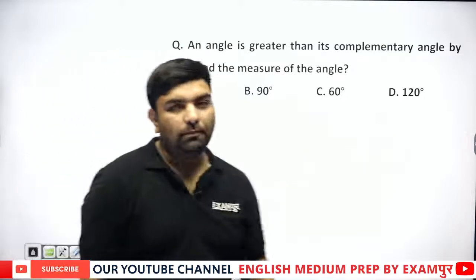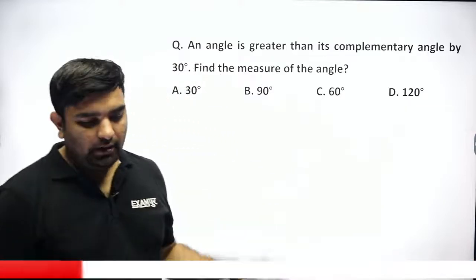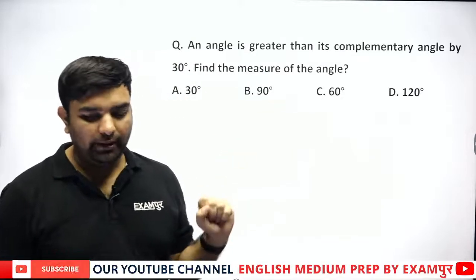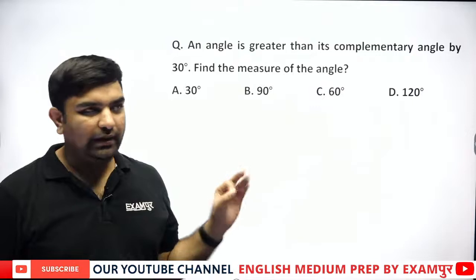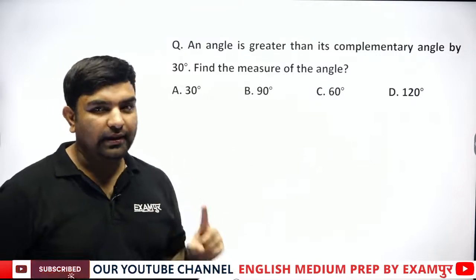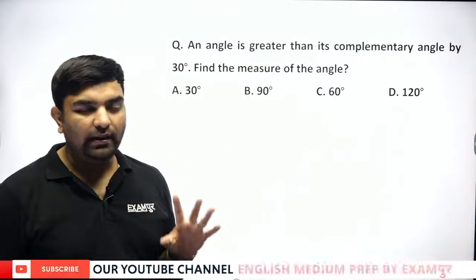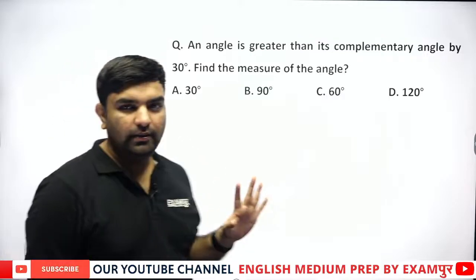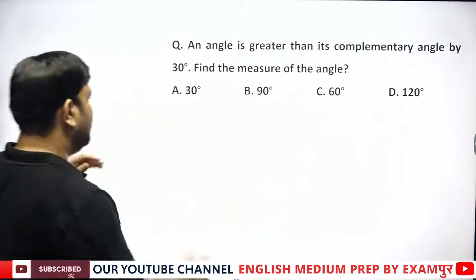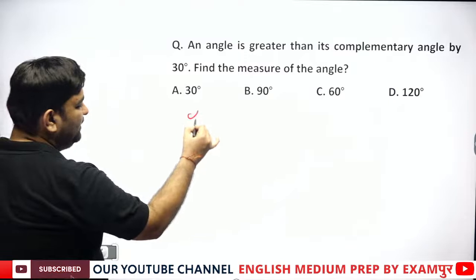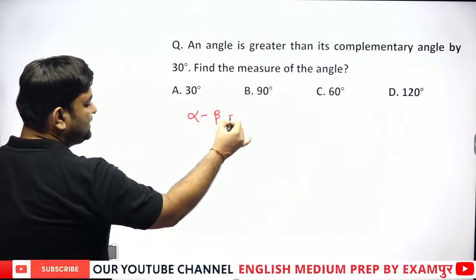An angle is greater than its complementary angle by 30°. Okay, understand the language very clearly. So one of the ways is, if alpha and beta are complementary, then alpha minus beta is given as 30.